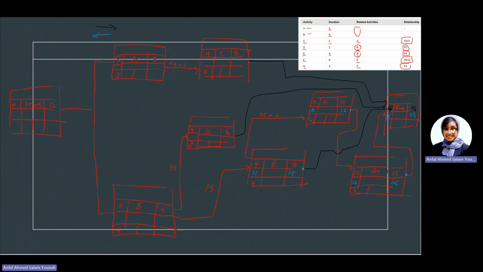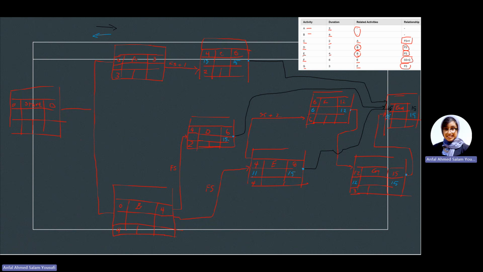Let's do C. C, we're having one output, which is also coming from end, which is 15. So 15 minus 2, that is the latest I can start. This one would be in day number 13. Let's do D. So D, we're having one output that is coming again from end, which is 15.